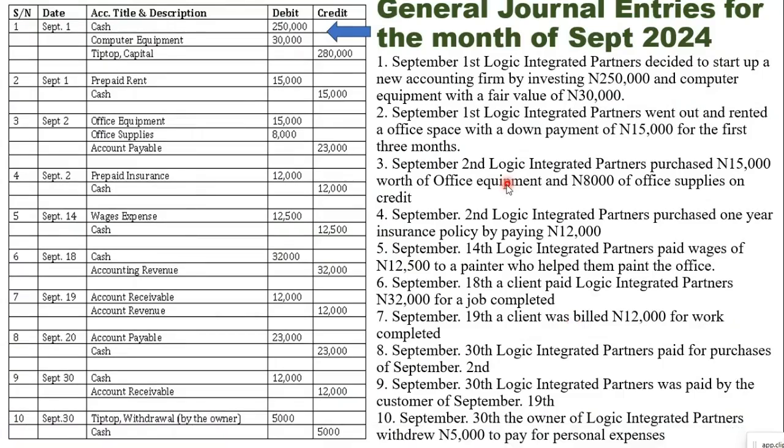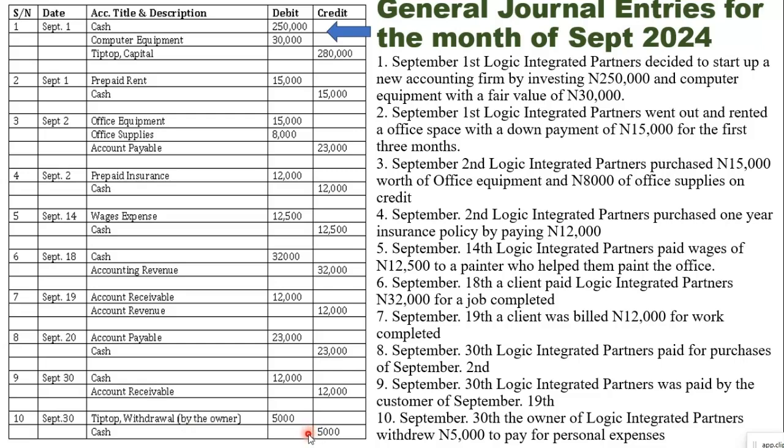So the next transaction is September 30. The owner of Logic Integrated Partners withdrew 5,000 naira to pay for personal expenses. Here we have the owner's withdrawal and the cash account. So in this case, this is not a customer transaction, neither is it a vendor transaction.